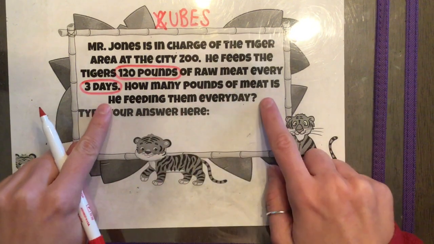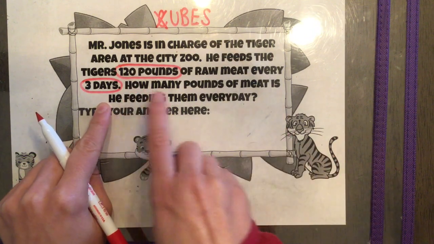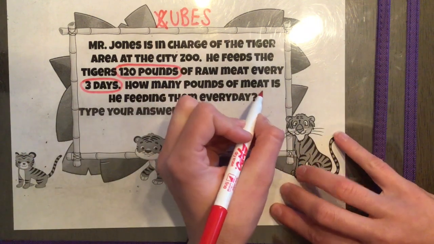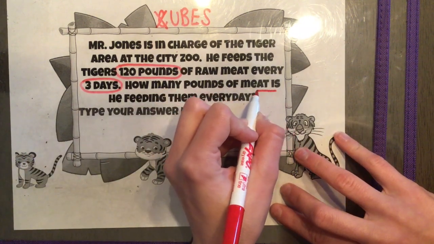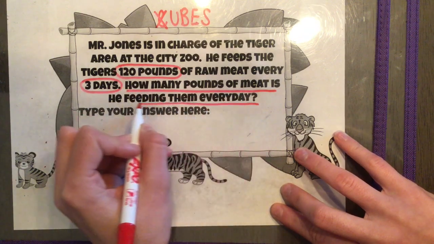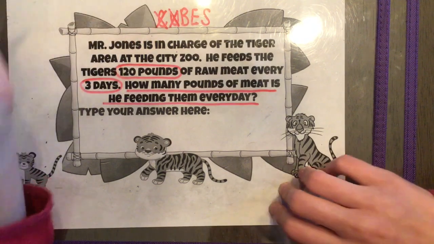Now, the question is usually the very last sentence of the word problem. So in this case, our question is, how many pounds of meat is he feeding them every day? Okay, so I can mark out the U because I've underlined my question.